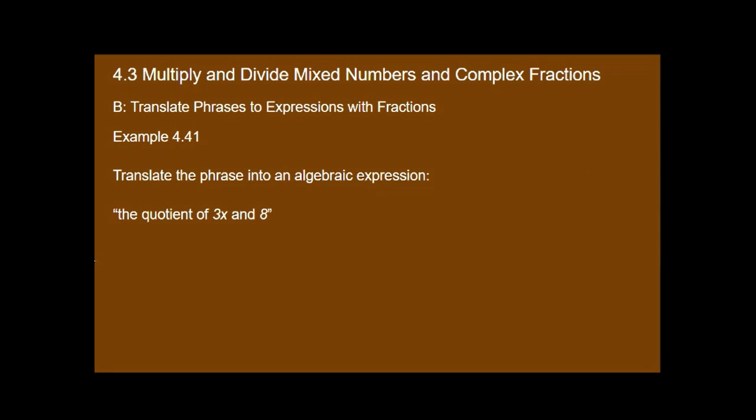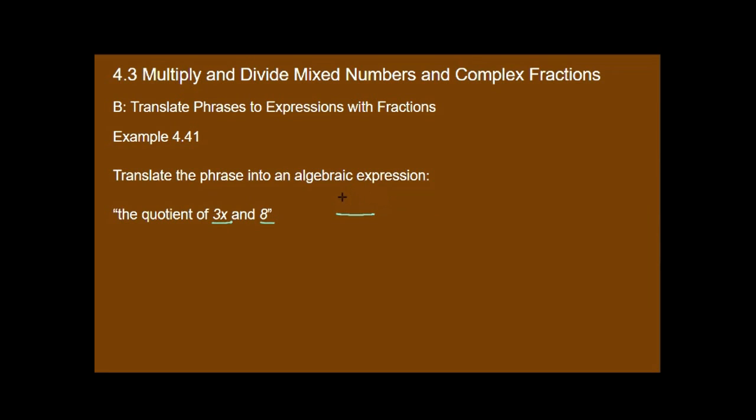So let's look at an example. Translate the phrase into an algebraic expression. The quotient of 3x and 8, and the order is so important. We have two expressions, 3x and 8. So we're going to turn this into one expression. We know we're dividing and we're working with fractions, so let's put a fraction bar there.